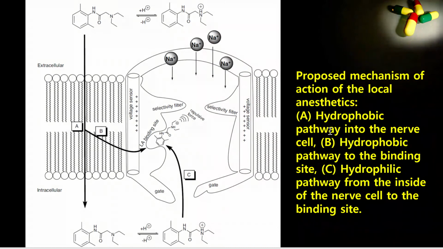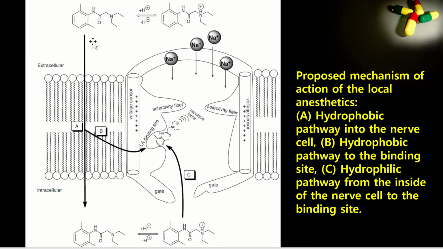I'm going to walk you through it, but just to read the caption: A is the hydrophobic pathway into the nerve cell, B is the hydrophobic pathway to the binding site, which is the local anesthetic binding site, and C is the hydrophilic pathway from the inside of the nerve cell to the binding site.